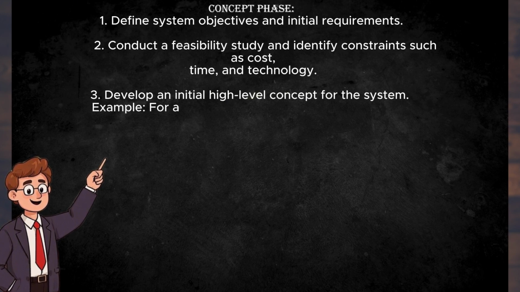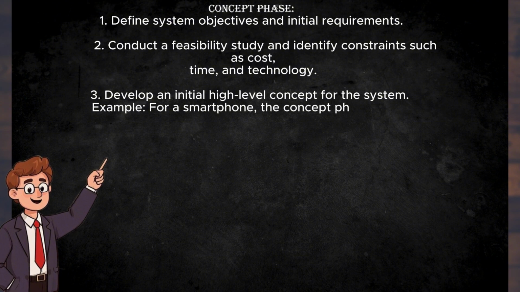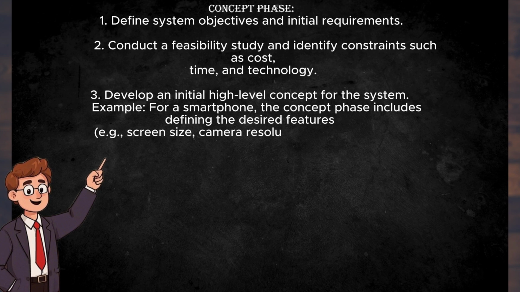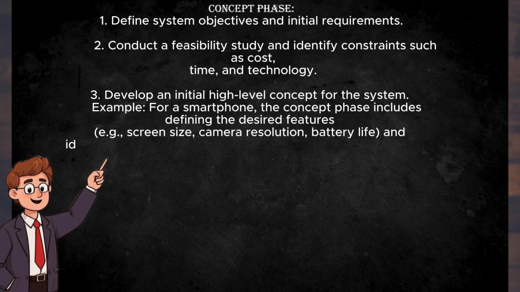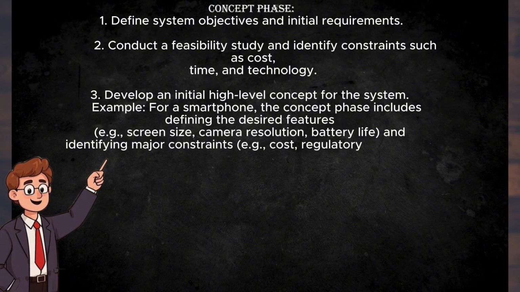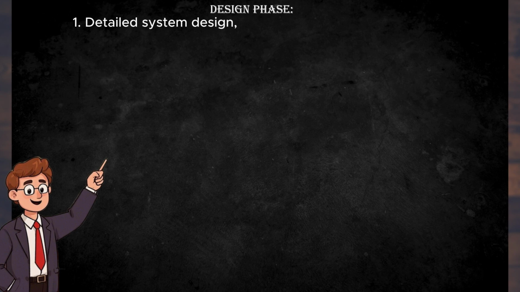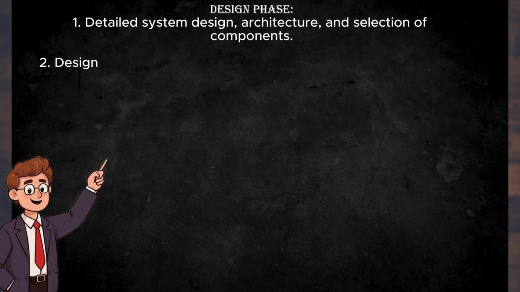Example: for a smartphone, the concept phase includes defining the desired features, e.g., screen size, camera resolution, battery life, and identifying major constraints, e.g., cost, regulatory compliance. Design phase. 1. Detailed system design, architecture, and selection of components. 2.